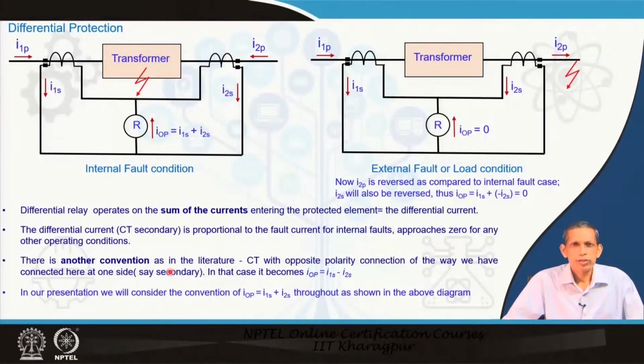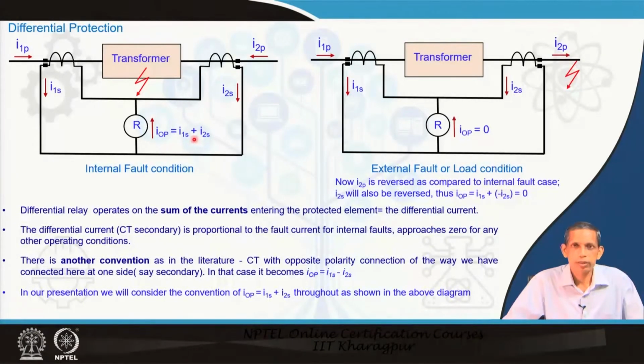Note, in literature you will find that there is another convention also used. If the CT polarity changes on one side only, then the sign convention which we have used, I1s plus I2s, becomes I1s minus I2s. That is the only difference we will find.